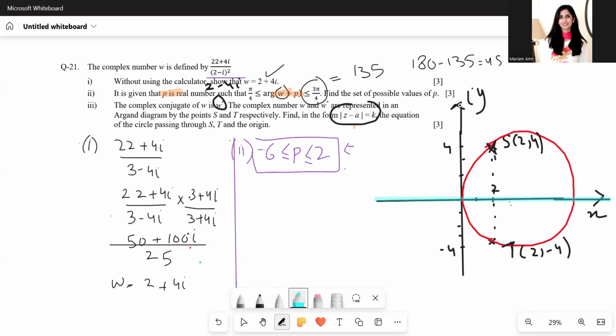So hence the center would lie somewhere on the x-axis. Okay, now how do we find the center? How do we find the radius?